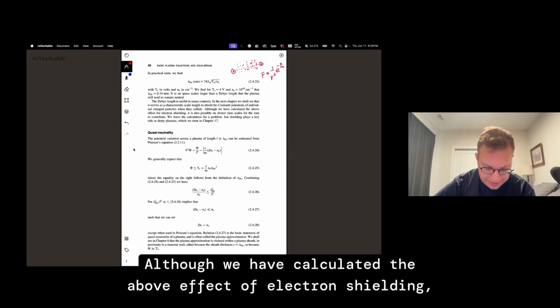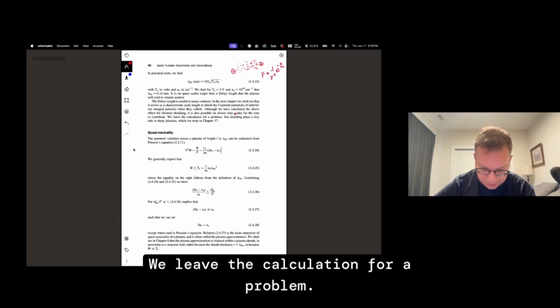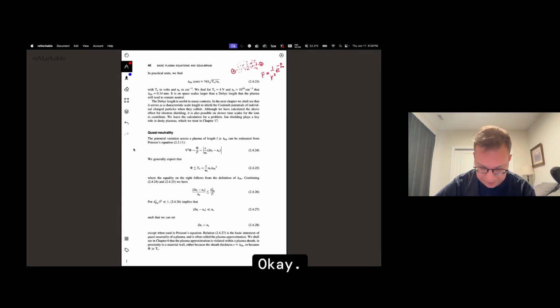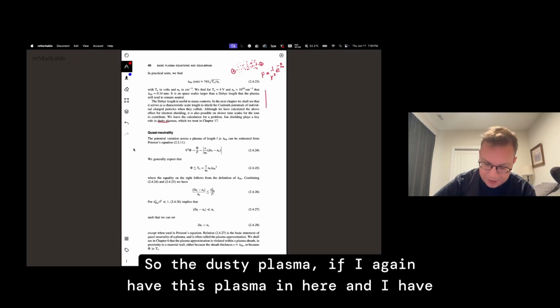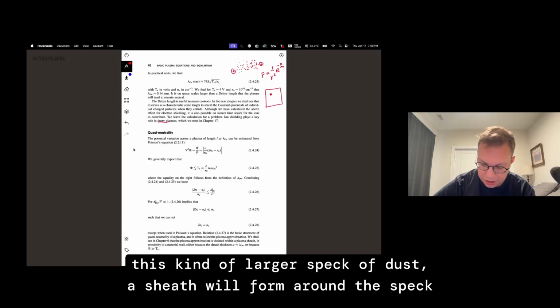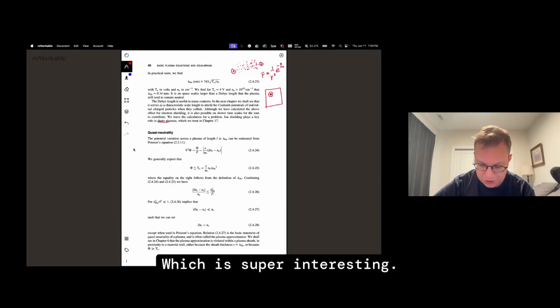Although we have calculated the above effect of electron shielding, it is also possible on slower timescales for the ions to contribute. We leave the calculation for a problem. Okay. Ion shielding plays a key role in dusty plasmas, which we will treat in chapter 17. So for a dusty plasma, if I have this plasma in here and I have this kind of larger speck of dust, a sheath will form around the speck of dust itself, which is super interesting.